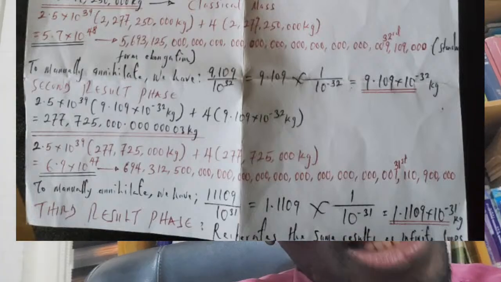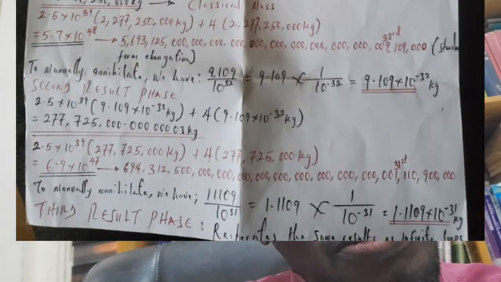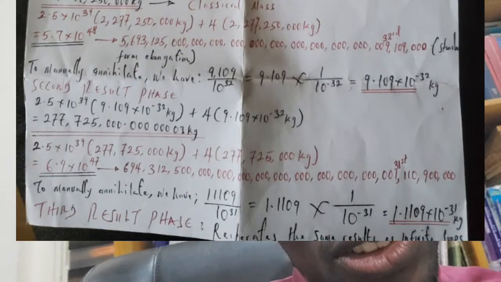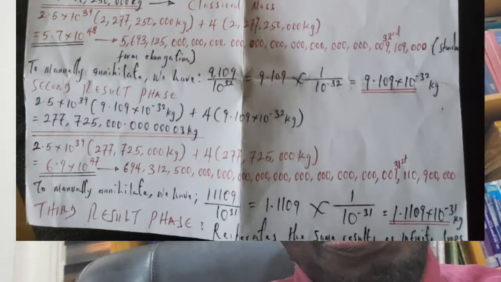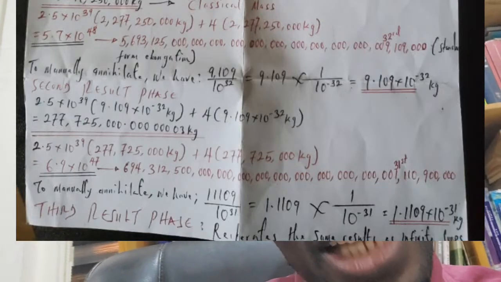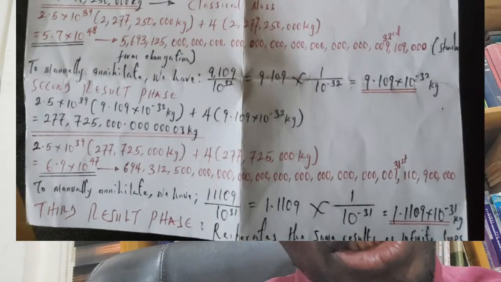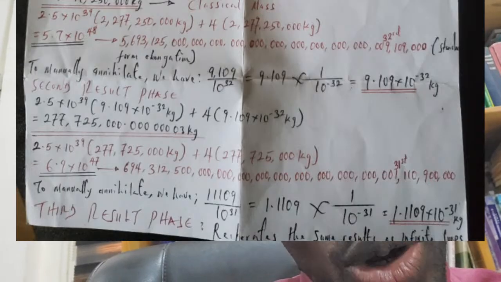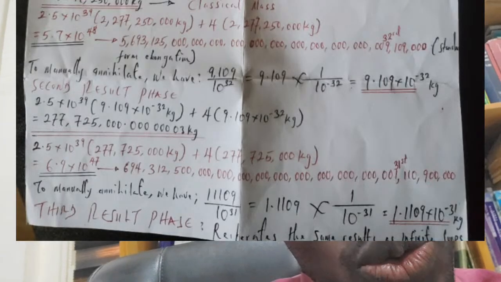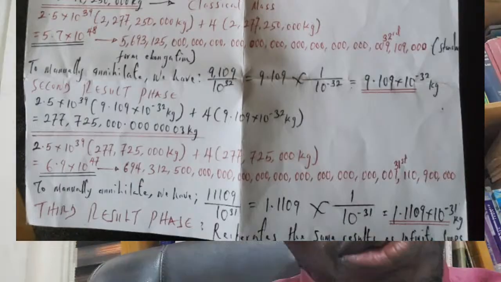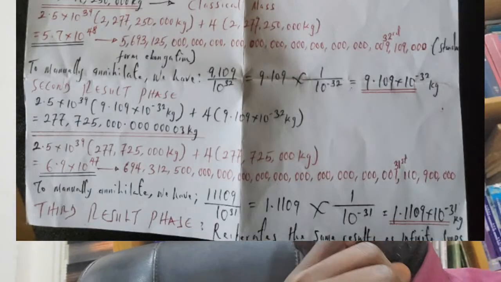Now if you look at the positive value of the base that we have, the remnant, I'm talking about the remnant now. When we manually annihilate the suspended zeros, we're going to have the value to be 1.1109 times 10 raised to power minus 31 kilogram.